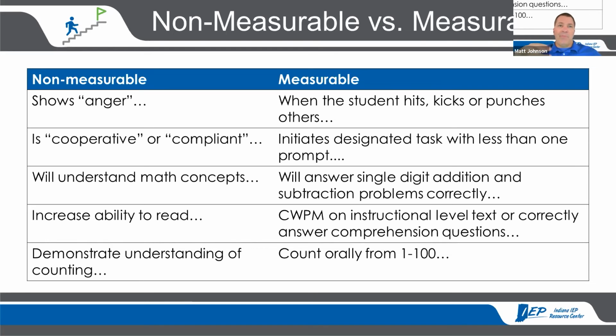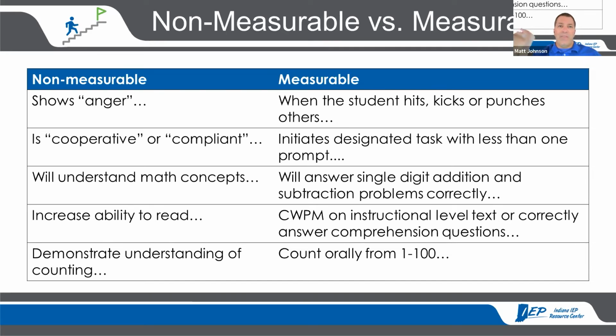So these are just some examples of what's not really measurable versus what's measurable, or at least in our minds here. I've seen that, student will increase the ability to read grade level text to 80% accuracy. Like, how do you do that? Demonstrate understanding of counting by, okay, let's be specific on what we want the student to do that's going to demonstrate that.